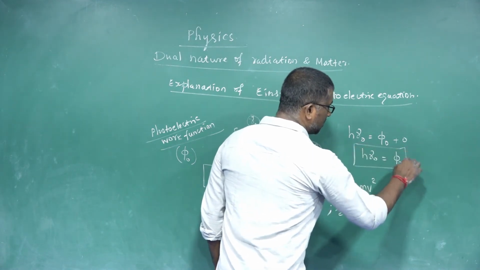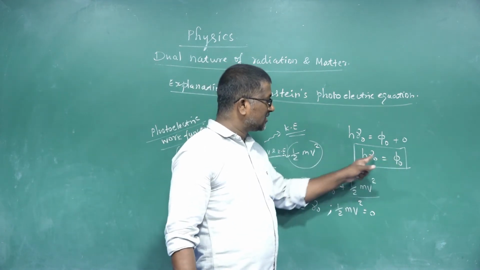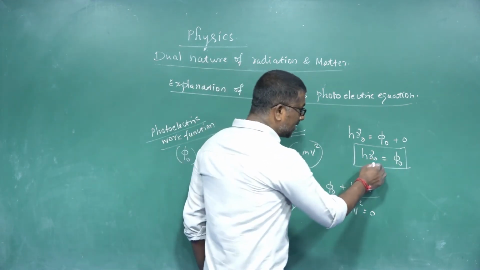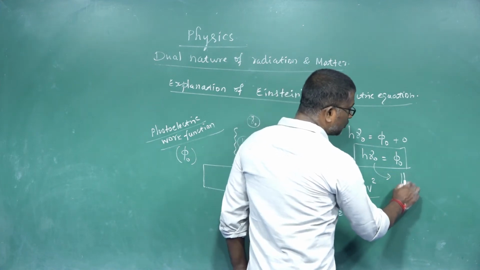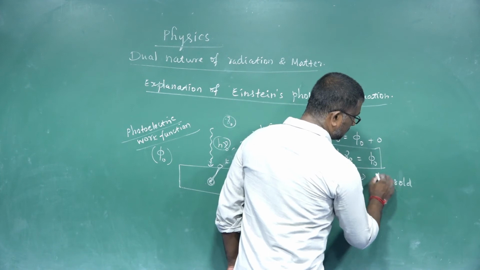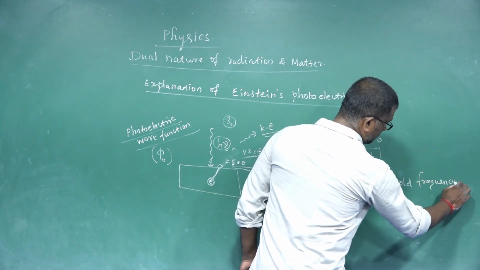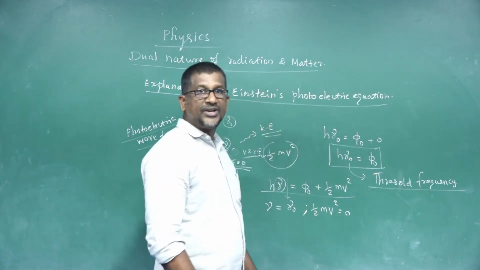So the work function, that is, the photoelectric work function of the metal, is given by phi naught is equal to h nu naught. Here nu naught is called threshold frequency.